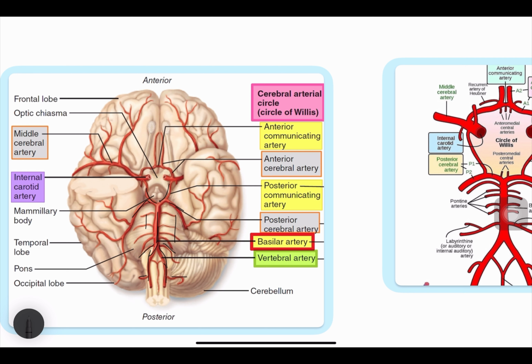And from the anterior circulation, we have the internal carotid artery, which gives off branches like the middle cerebral artery, anterior communicating artery, ophthalmic artery, and the anterior communicating and the posterior communicating, which form the circle of Willis.